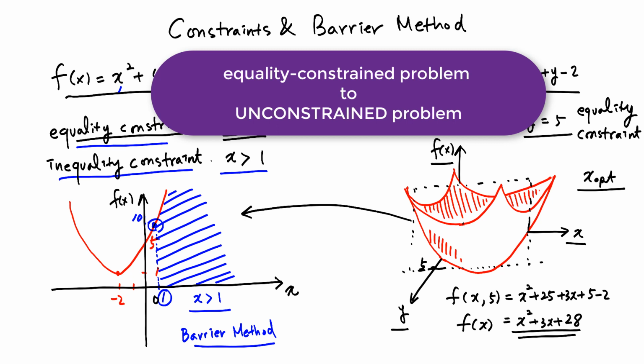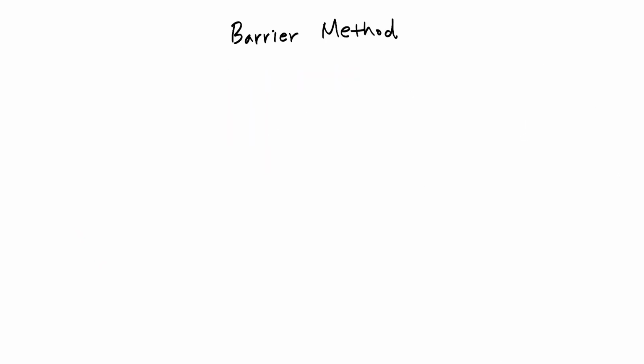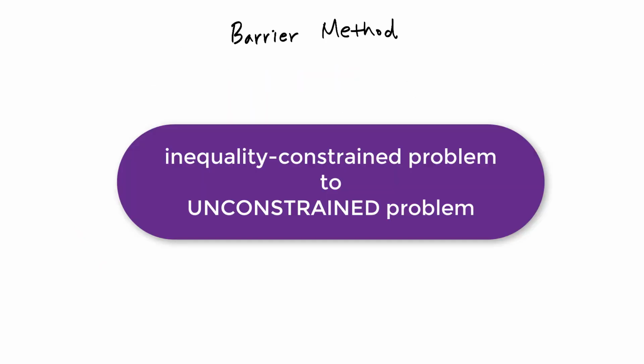Using the gradient descent or Newton's method, you can find out this x opt given this constraint, which is y is 5. The barrier method is a way of transforming an inequality constraint problem into an unconstrained problem. Once you have an unconstrained problem, you can use the gradient descent or the Newton's method for optimization.